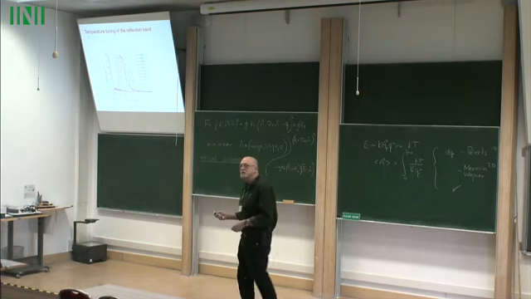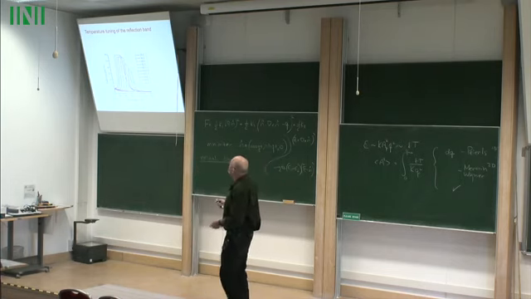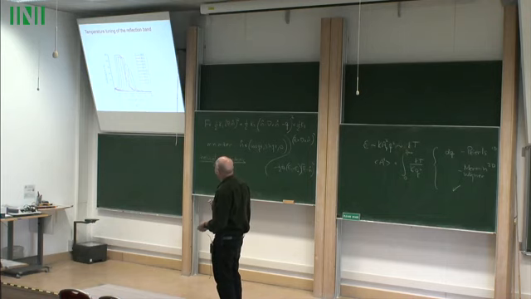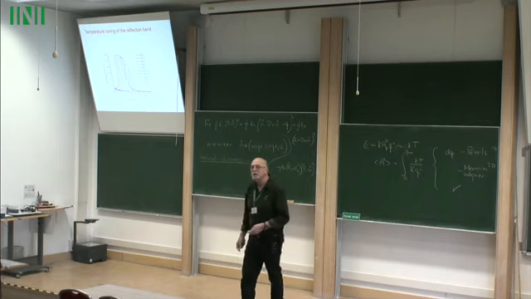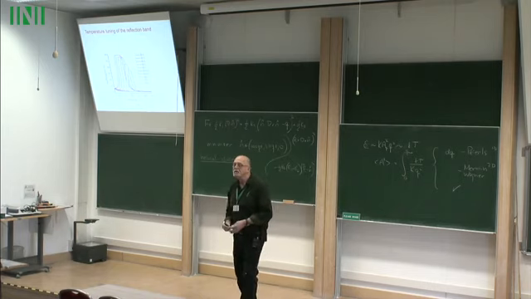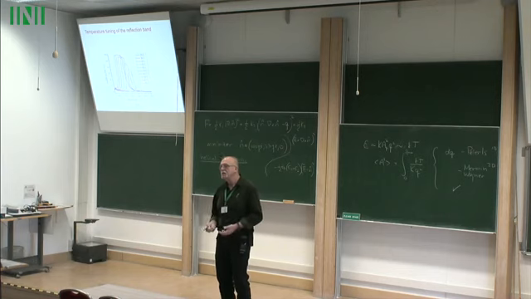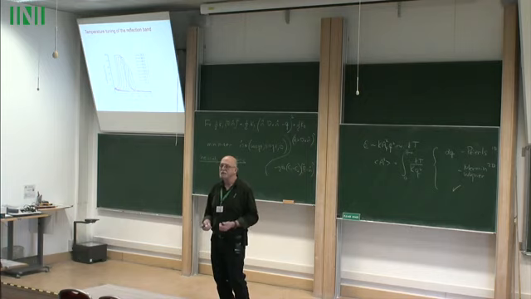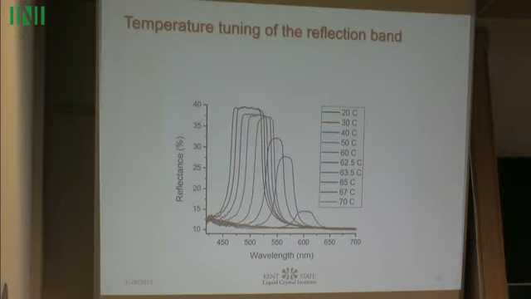So if one changes the temperature, one sees a modification of the reflection band, and it's pretty sizable, but it's not clear even what the dominant effect is, because everything changes as a function of temperature. The order parameter changes, therefore the elastic constants change, the polarizabilities change, so everything kind of changes.